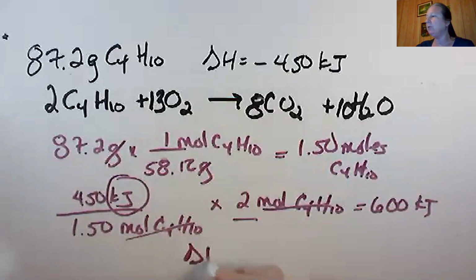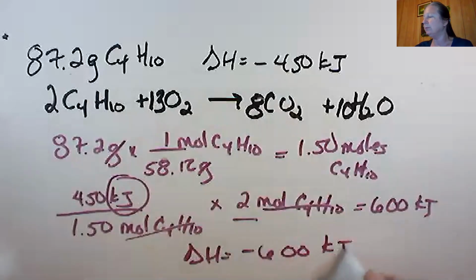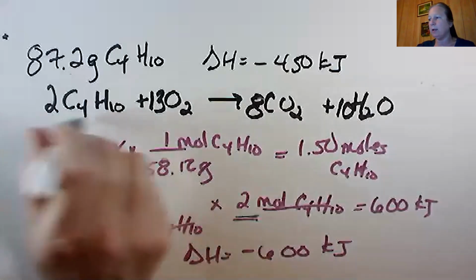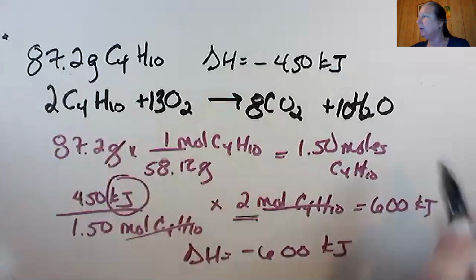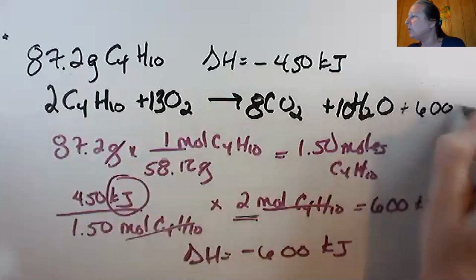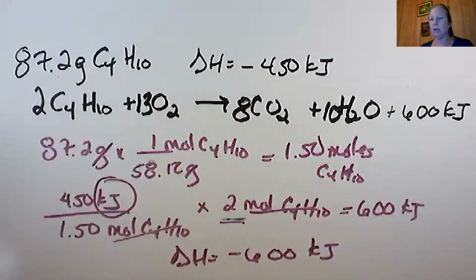Your delta H for the reaction is 600 kilojoules. And to put this in the reaction, we said, well, what about for 2 moles? Because that's what we have. Going back to this, since I did that, I can say plus this reaction released 600 kilojoules of energy.